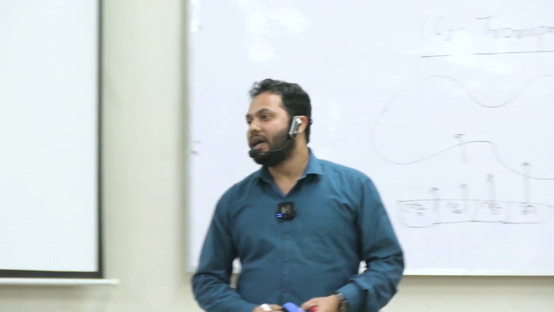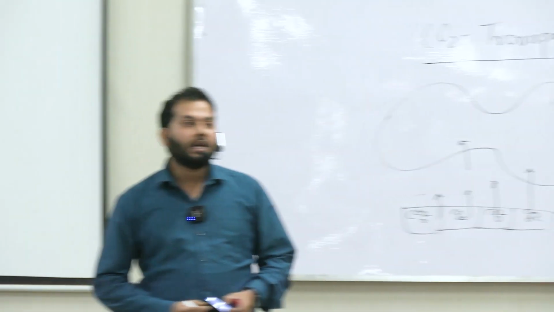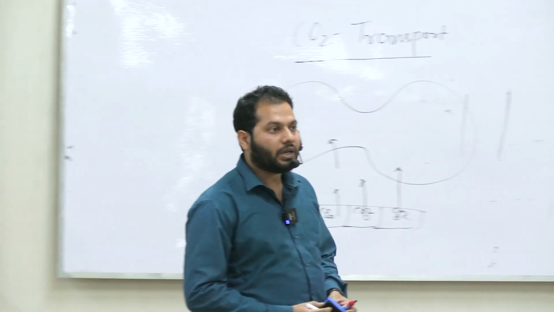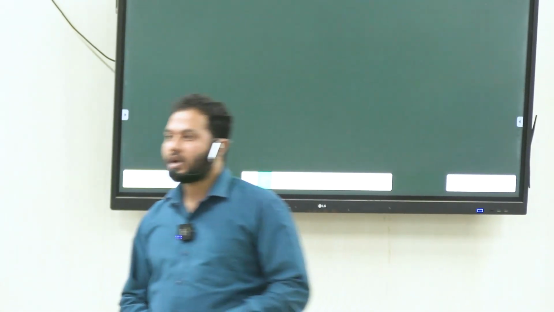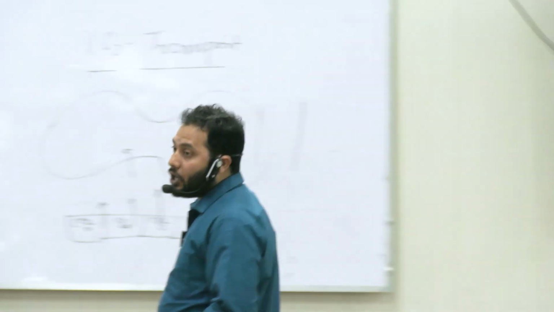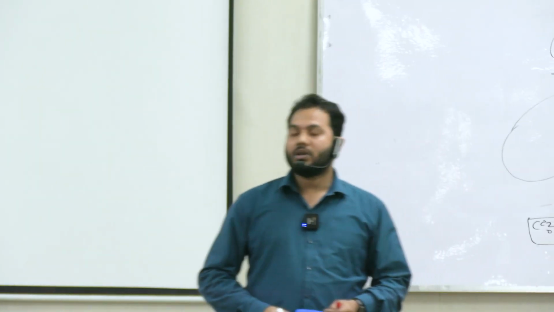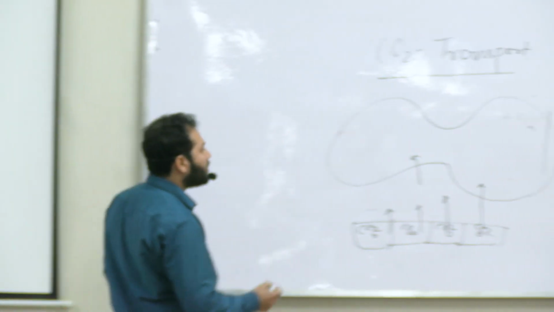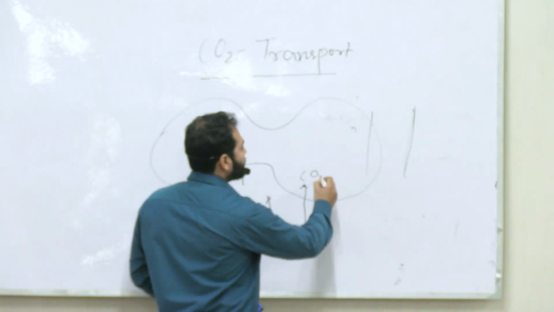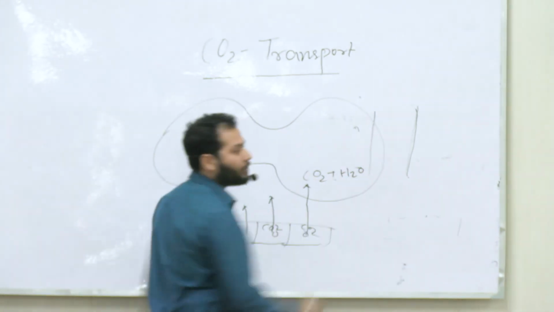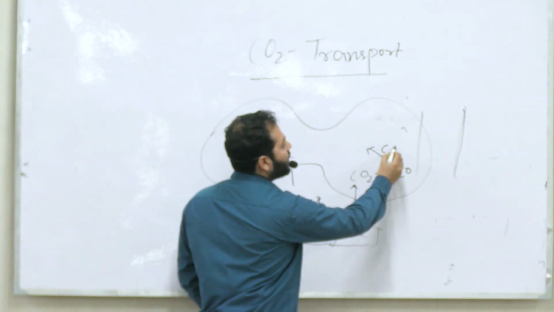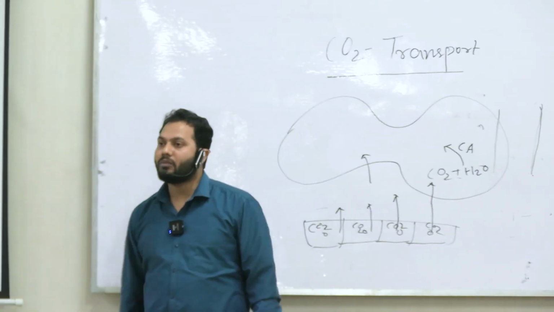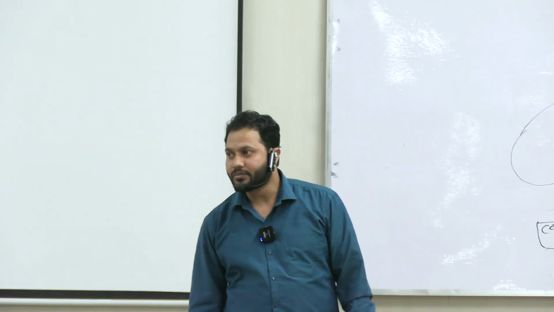And this carbonic anhydrase enzyme accelerates the reaction around 5,000 times faster than in the absence of carbonic anhydrase. So here, during the transport of carbon dioxide, this carbon dioxide first reacts with a water molecule, right, in the presence of the enzyme called carbonic anhydrase, right?